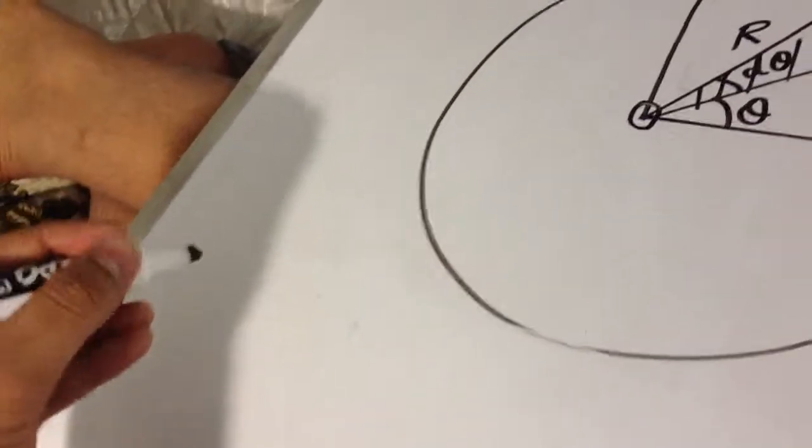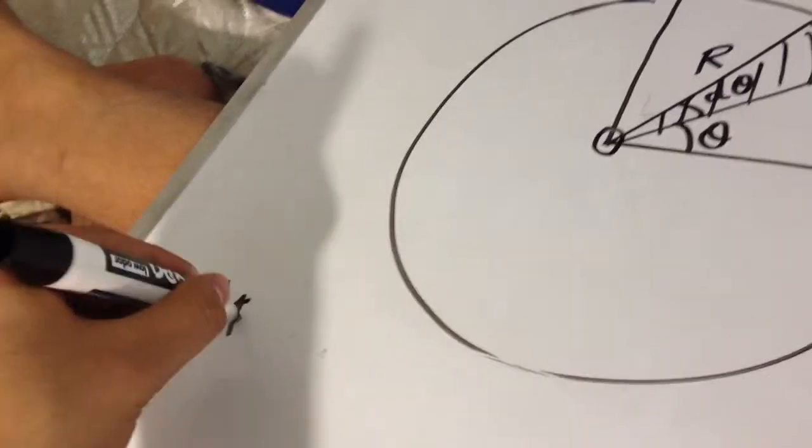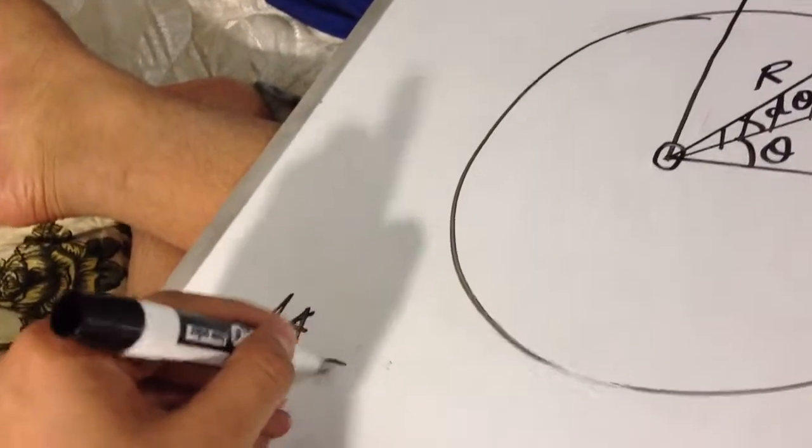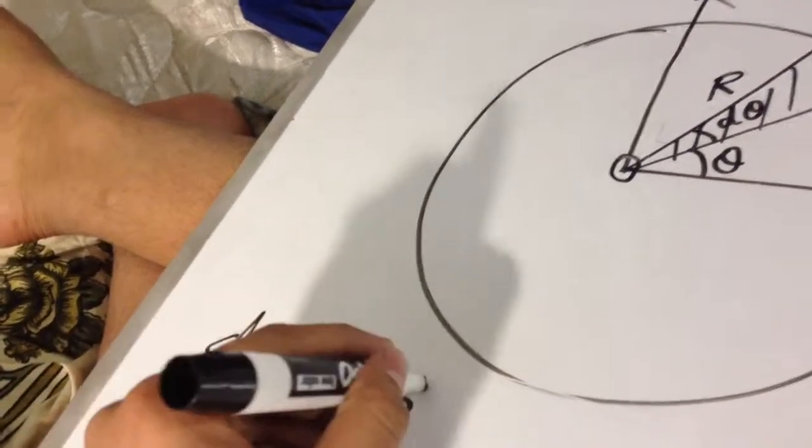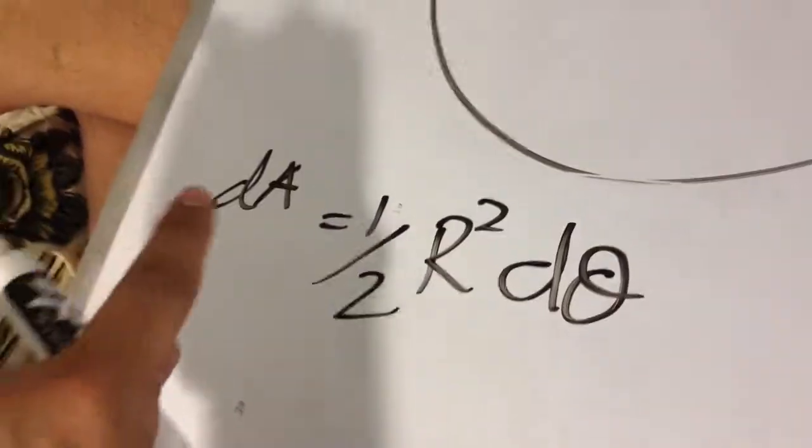I'm going to get rid of the rest of it. Okay, so now you have this expression of area: dA equals half r squared d theta. So this is the expression for dA.